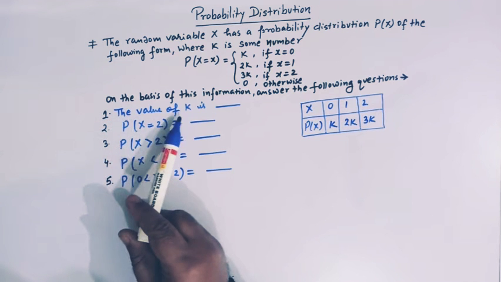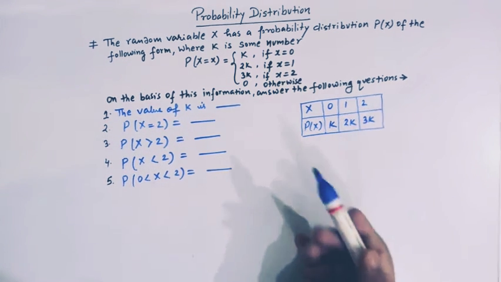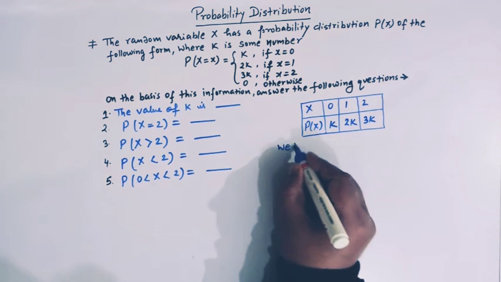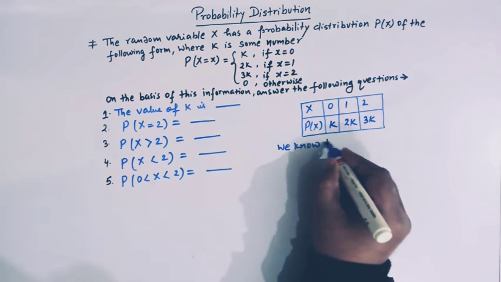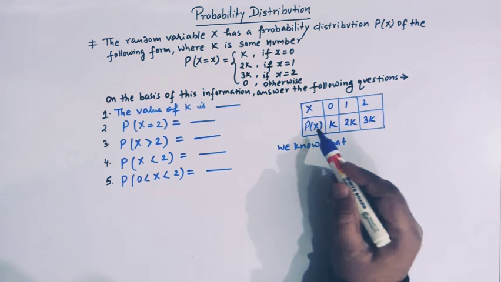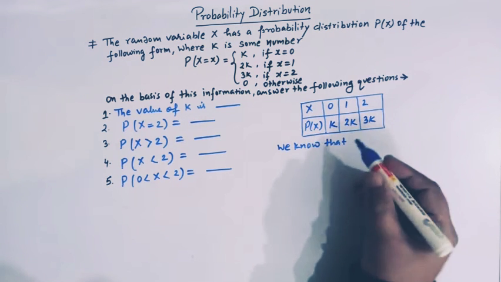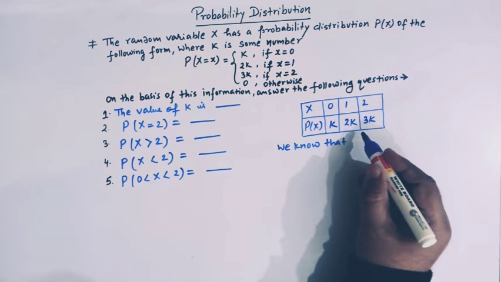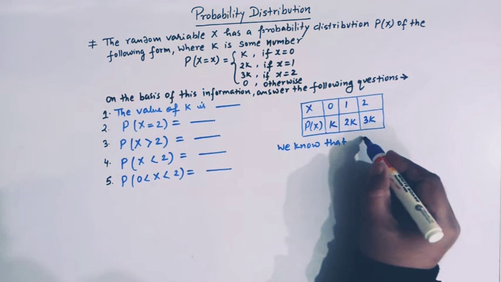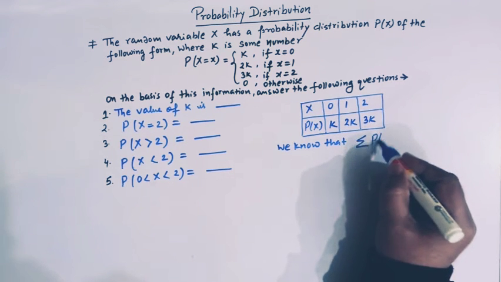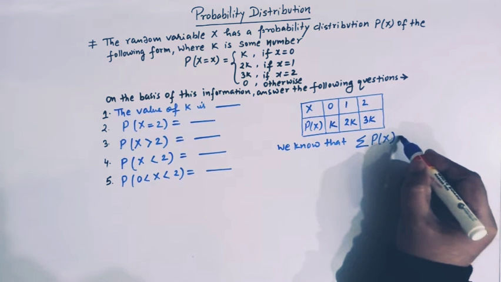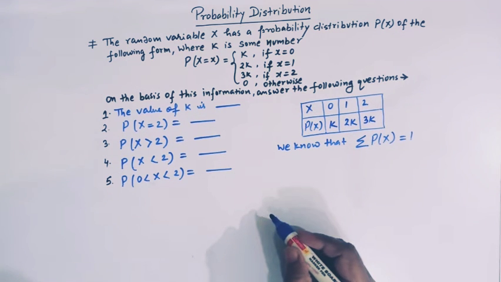So now let us first take the first question. We have to find the value of k. So we know that the sum of all the probabilities should be equal to 1. So sigma of p of x should be equal to 1, right?